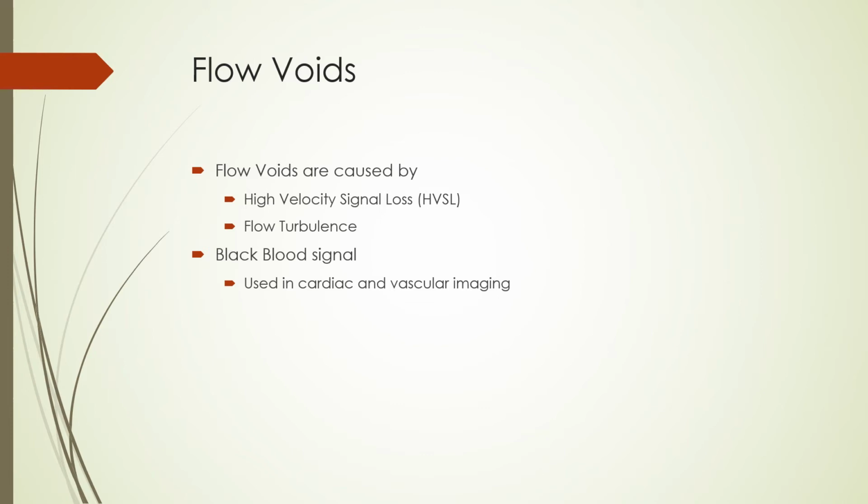High velocity signal loss can be useful to produce black blood images for cardiac imaging and vascular imaging. This is done by using a double inversion recovery method, and this involves selecting a slice where there is an inflow of inverted protons that produce no signal so that blood appears black.